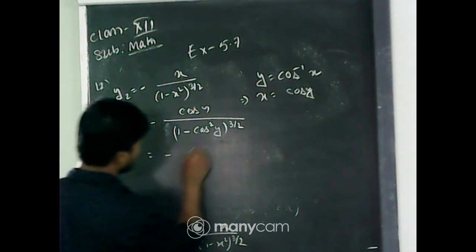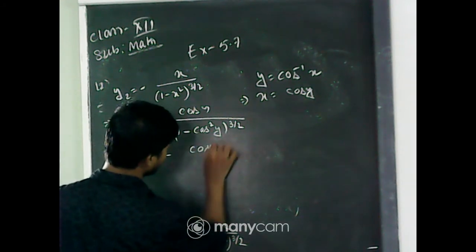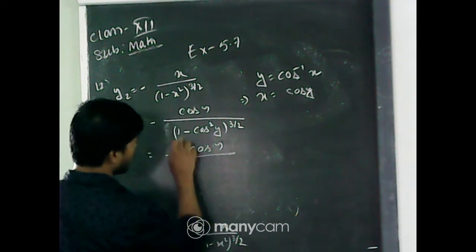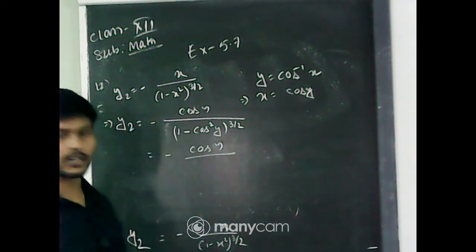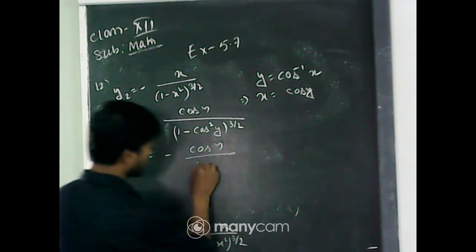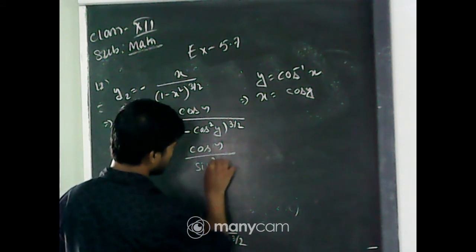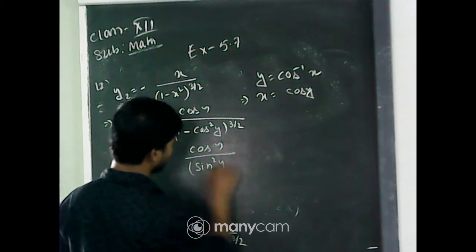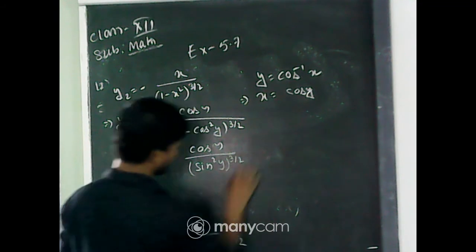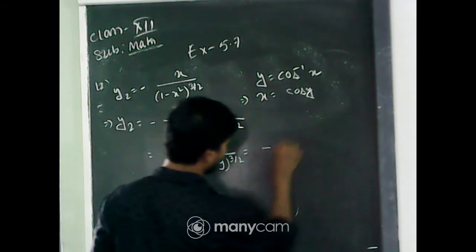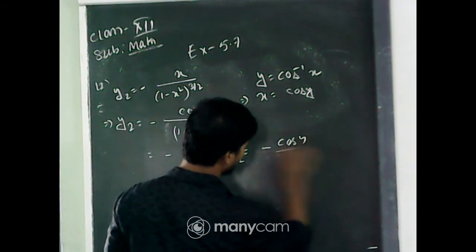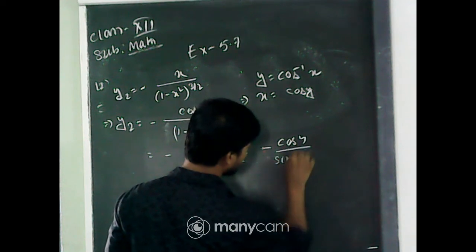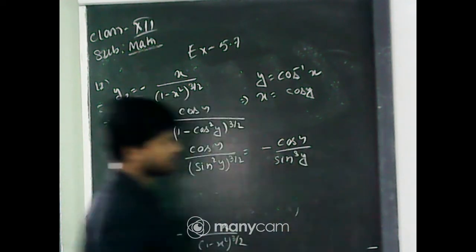That means minus cos y by, 1 minus cos square y, we know that it is sin square y, so sin square y whole to the power 3 by 2. That means minus of cos y by sin cube y.